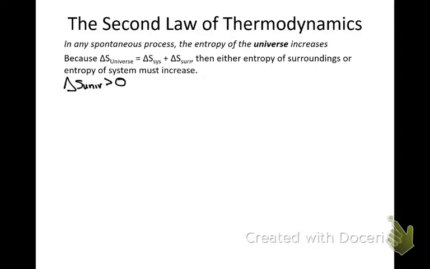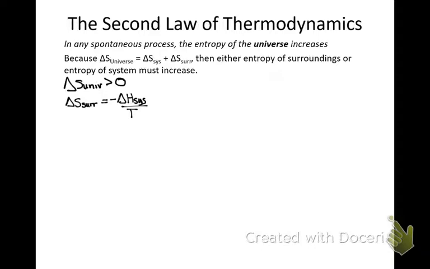So it turns out that delta S of the surroundings is related to delta H of the system. So delta S of the surroundings equals negative delta H of the system divided by T.